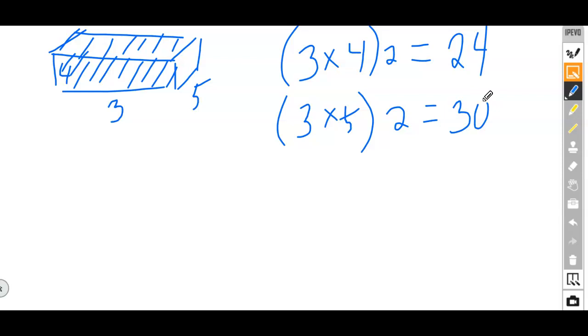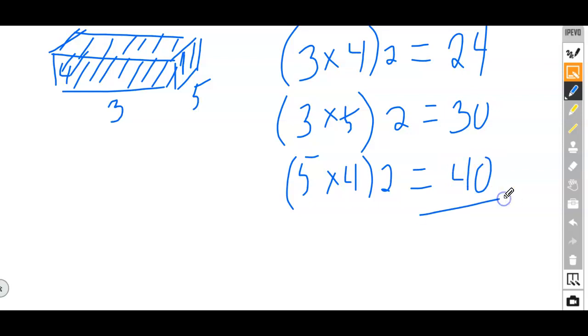Bryce? Yep, 5, 4. 5 and 4 is the other missing side. And we got 2 of those. That's the right and left sides. And that's 40.